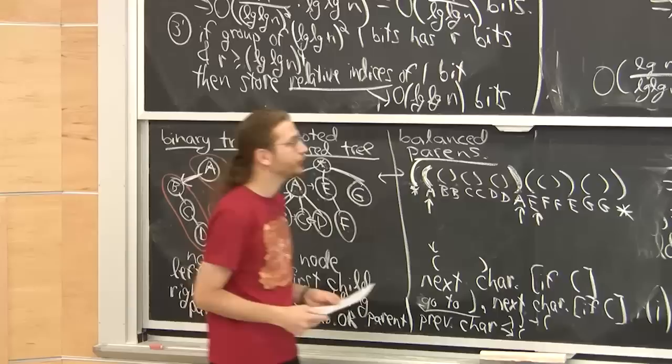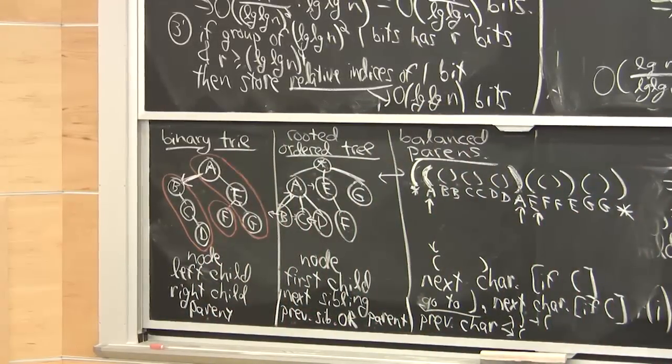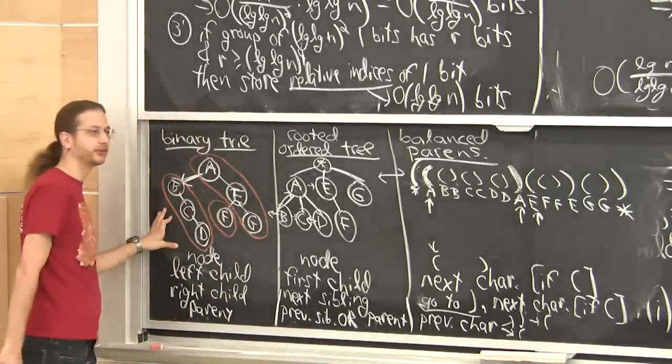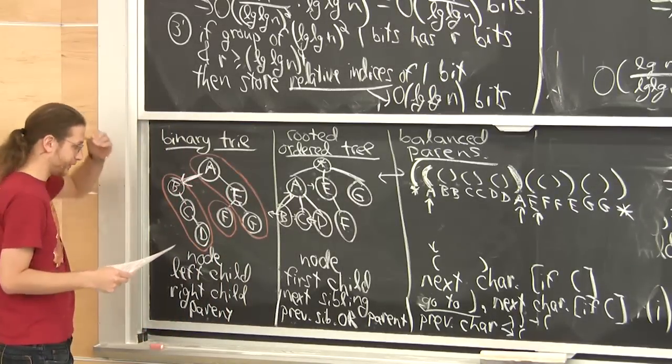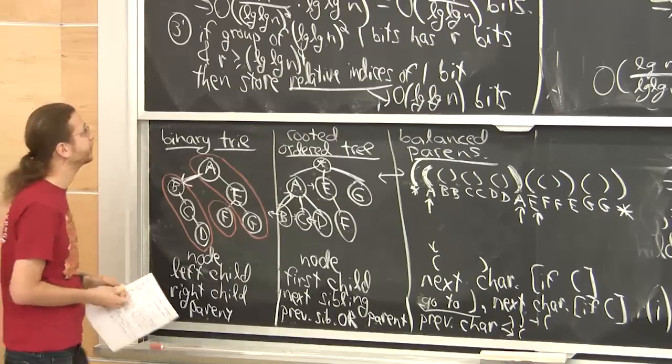That's not so exciting because we just reinvented the same results we had before of doing left, right, and parent in constant time. But what we buy out of this representation is we can now do subtree size. So this is a little bit trickier. Let me go to another board.